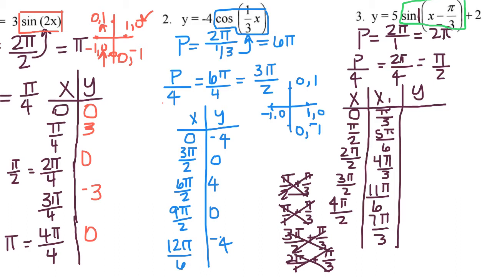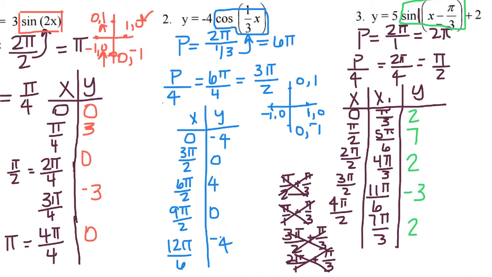We'll take on those y values. So sine always starts at 0, so 5 times 0 is 0. 0 plus 2 is 2. And then we go to the next one, and that's going to be 1, so that's going to give us 7. We'll be back around to 0, and then we're at -1, so that's going to give me -3. And then finally we're back around to 0, so that will give me 2.